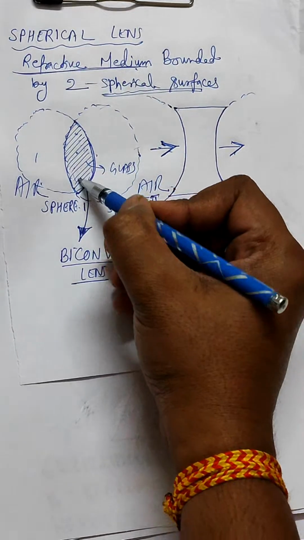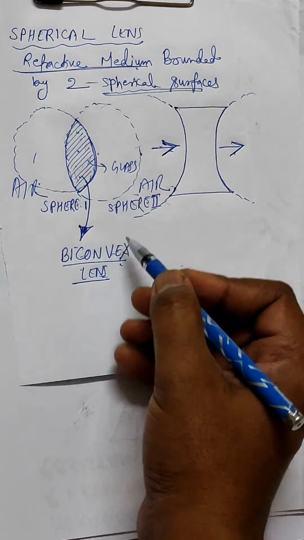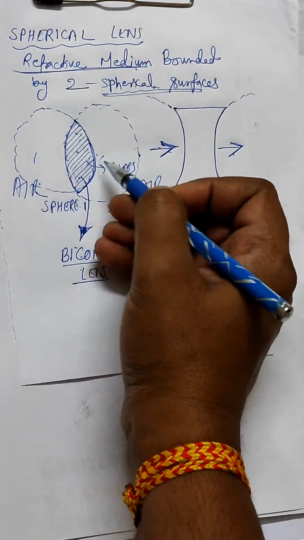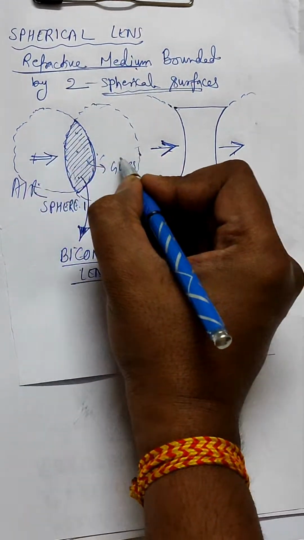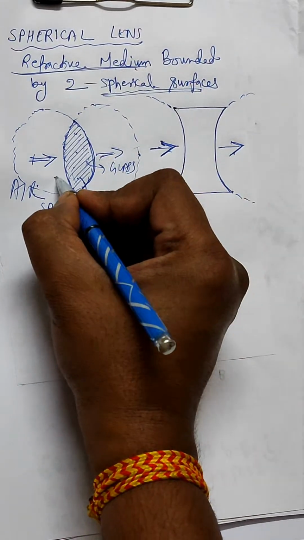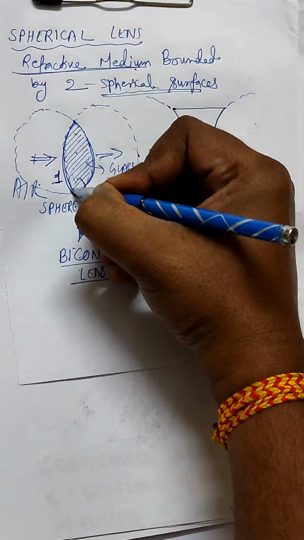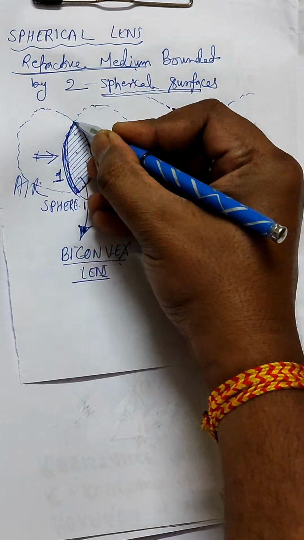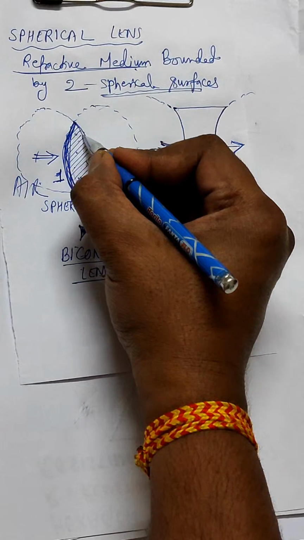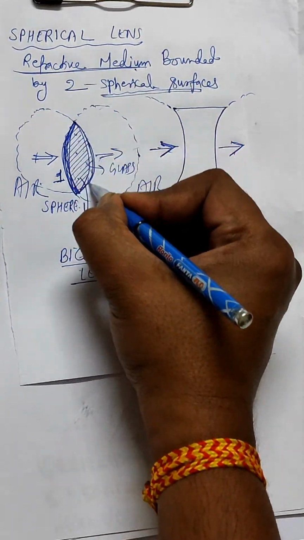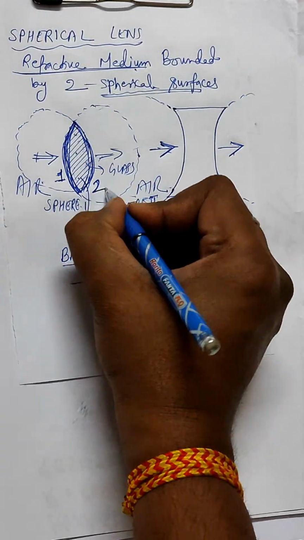So this is a biconvex lens, because this is bulging outside, and this will be the incidence, and this will be the emergence area. This is surface 1, the curve on the left, and the surface on the right side is the second surface, surface 2, right?